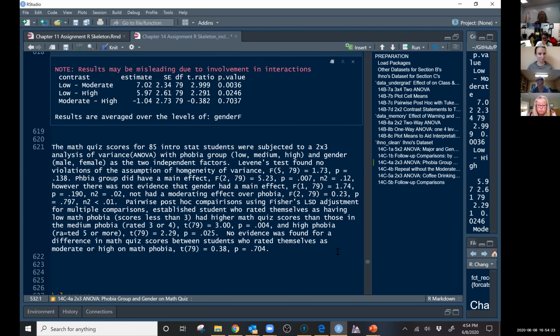Now there's a lot of things to include here. What's the main takeaway? What makes a difference on math quiz scores? What's the only thing that we were able to show for sure made a difference? Low math phobia, how they rated themselves: low, medium, high. Low phobia did better than moderate or high phobia.